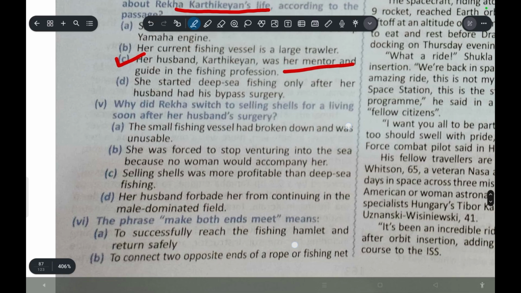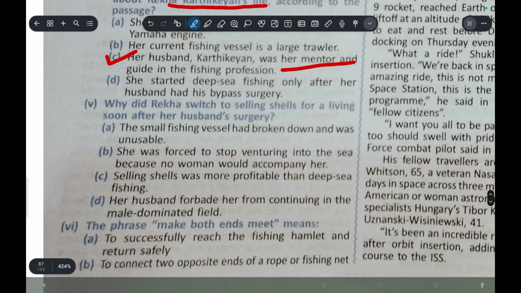Question number 5. Why did Rekha switch to selling shells for a living soon after her husband's surgery? The small fishing vessel had no... She was forced to stop venturing into the sea because no woman... Sorry, selling shells is more profitable. No, her husband forbade her from continuing in the male-dominated field. No, it may not be.